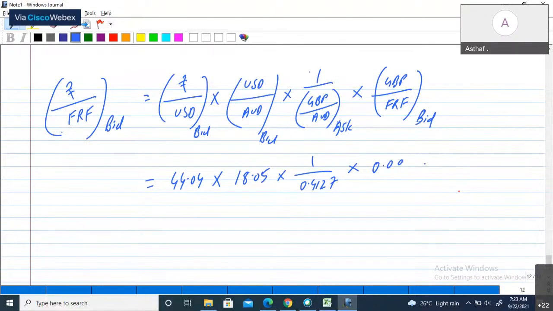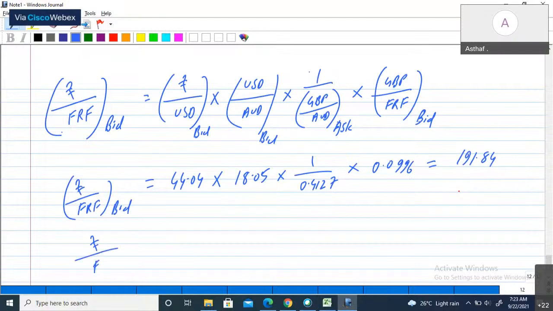Then this will be the number for rupees to FRF bid. The answer will be 191.8, 194.